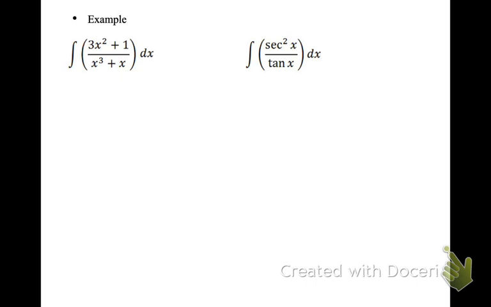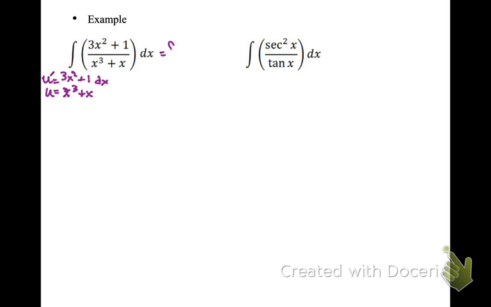So is it going to work for us? Without any additions, I think. So I got x cubed plus x, so I get 3x squared plus 1 dx. Yeah, we don't have enough to put anything in, do we?